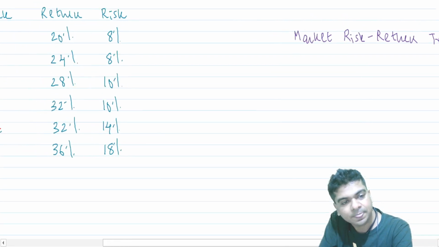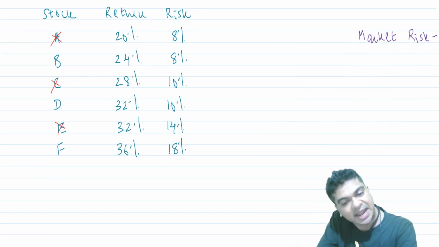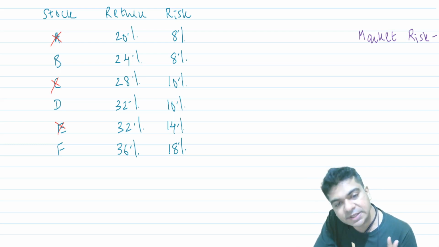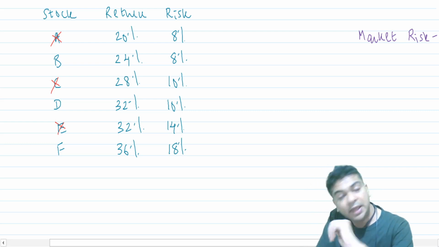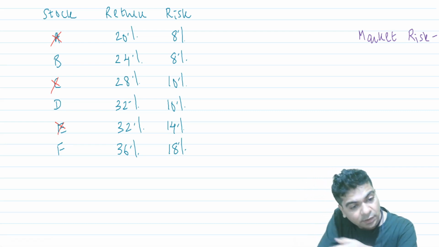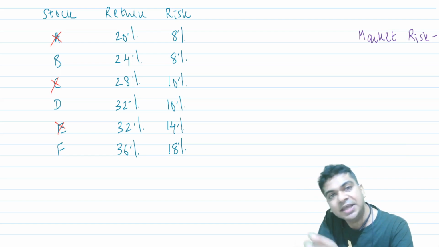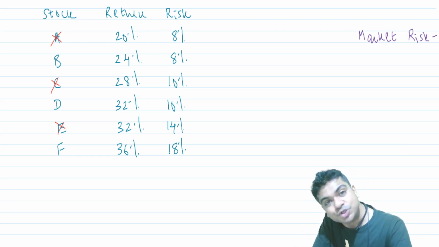If you see here, security B can be selected where the risk is 8%. Security D's risk is 10% and F's risk is 18%. If my eyes are on risk, then I will feel that B is good because B has a lower risk. If my eyes are on return, I will say, okay, let me go for F because F is giving the highest return. But portfolio management is not based on this.